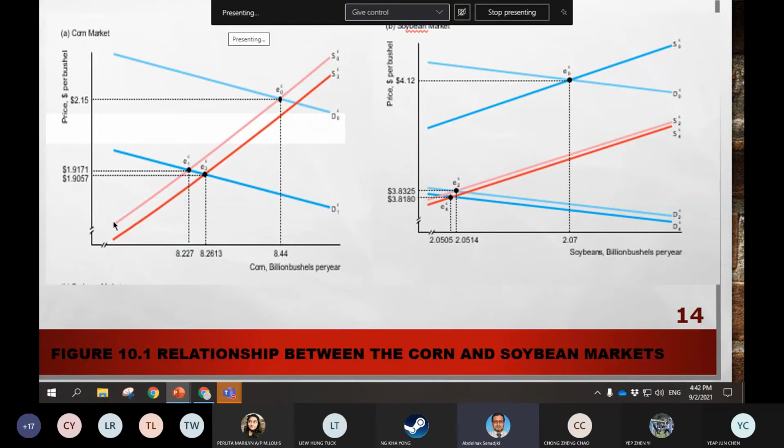Then we will have a new equilibrium, S1 with D1 here. Then again, the price of corn decreased again from 1.91 to 1.90, and the equilibrium quantity increased from 8.227 to 8.26. So what happened now?